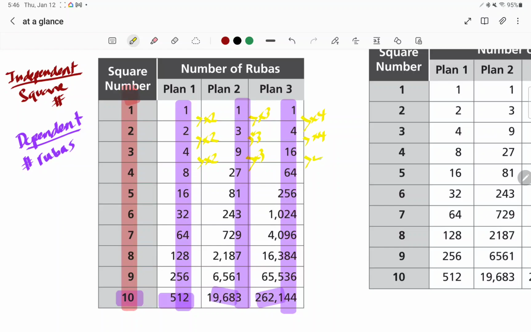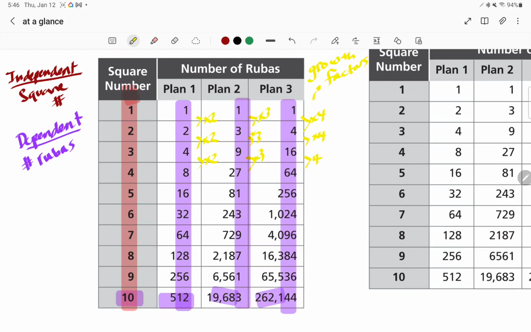So these numbers, the times 2, times 3, times 4, are your growth factors. All right, so that's how they're similar. The number of rubas, your dependent variables, are changing by these growth factors, and you're multiplying by those growth factors.